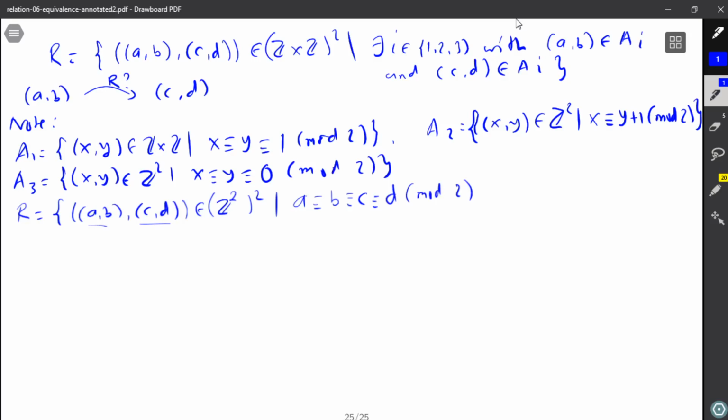Well, we have another condition: a is congruent to b plus 1 modulo 2 and c is congruent to d plus 1 modulo 2. So that will be R, right? This captures the whole thing. You could check this, and given two pairs of integers, you will be able to determine whether they are related by R or not.